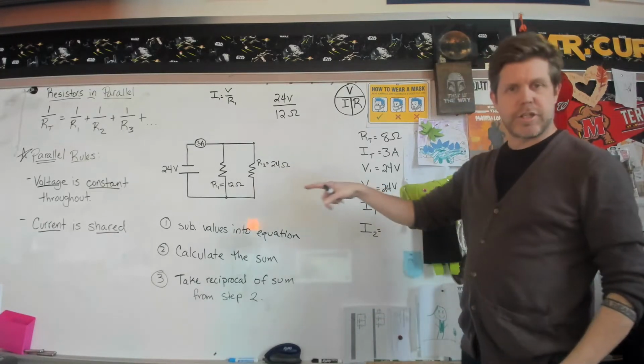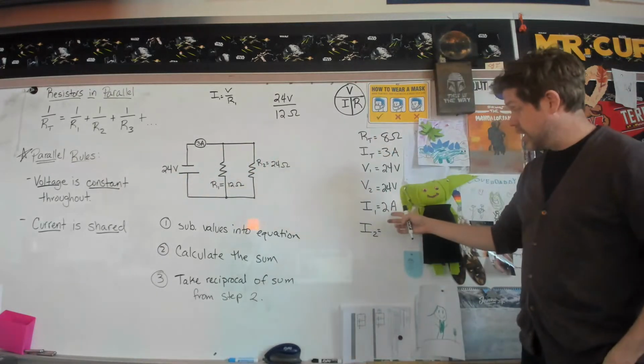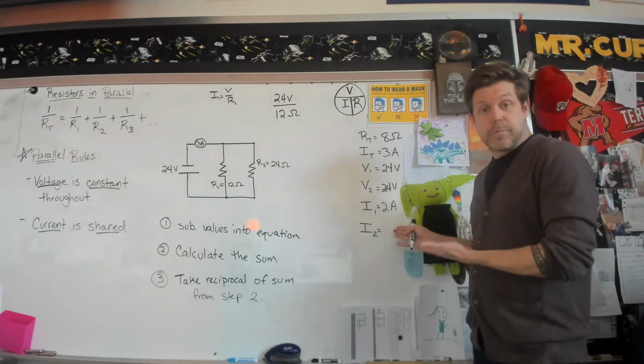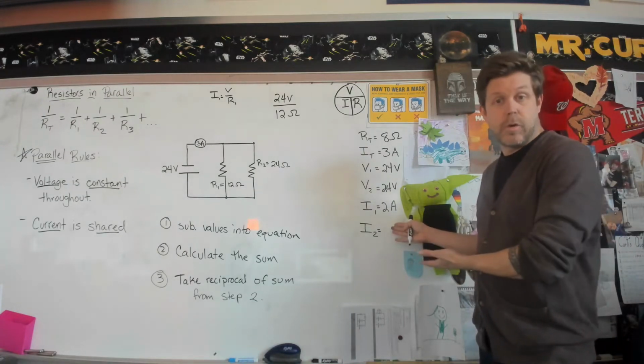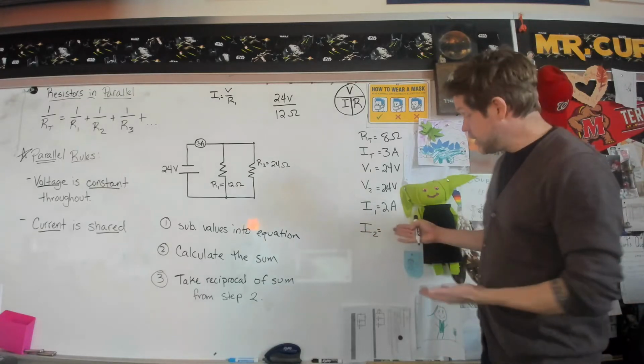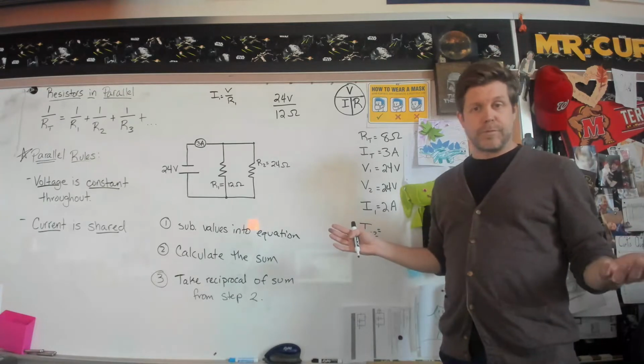Okay? And you can do a quick check for yourself. You're like, all right, I've got 3 amps total in the circuit. I'm using up 2 of them with that first resistor. And when you look at it from this, you can very likely deduce that, oh, well, that means there's only 1 left for this other one. And that's great. You know, in this case, it's correct. And you could do that deductive type of reasoning.